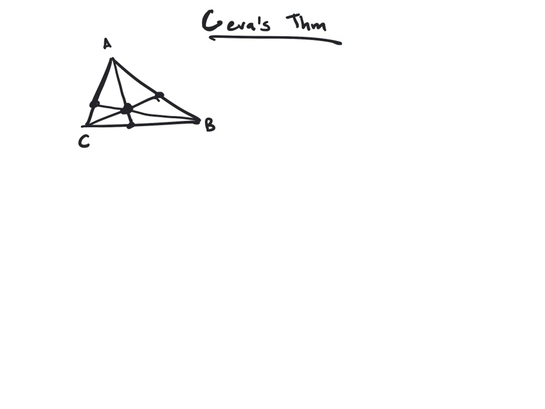We want to show when they will be concurrent. So let's say we have these three points: D is opposite A, E is opposite B, F is opposite C, and they're going to be concurrent at this point G.